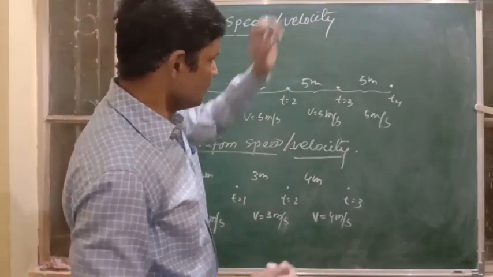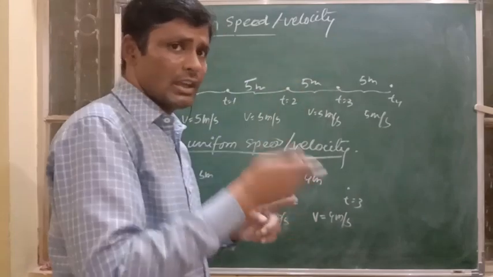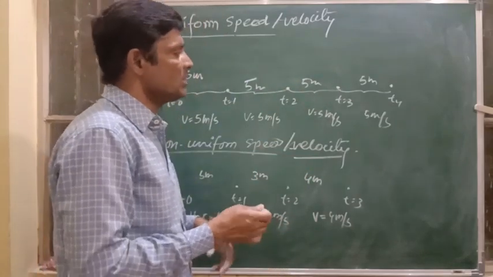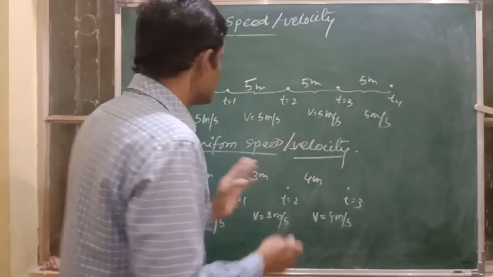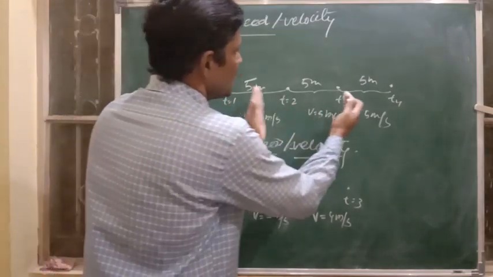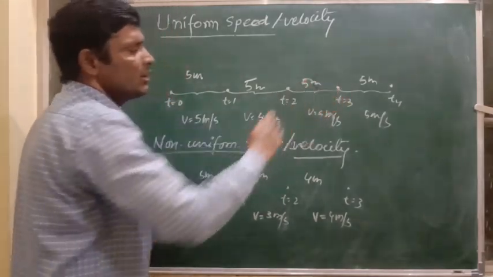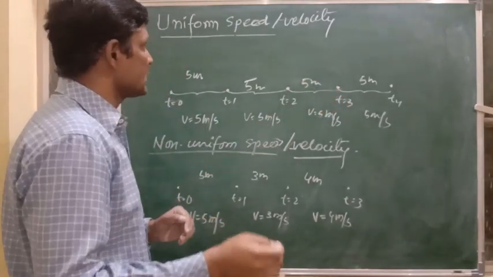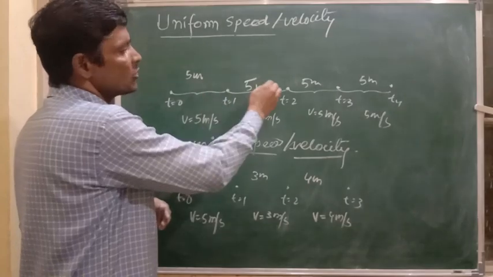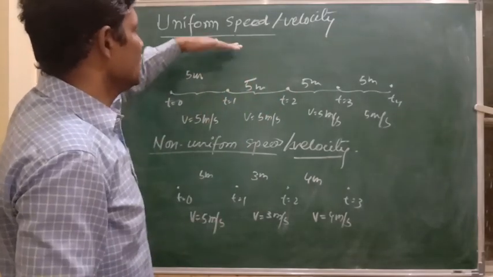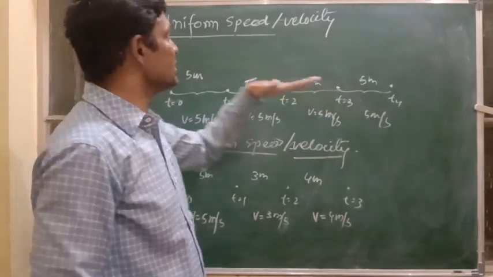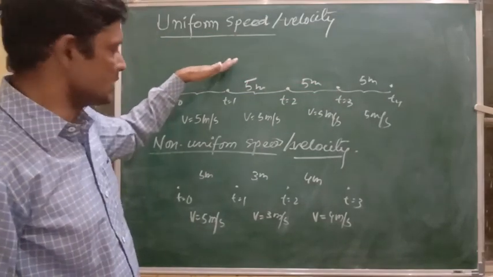Now you can see in the third second again it has traveled 5 meters, so velocity is 5 meter per second. So at every interval, at every instant, the speed or the velocity of the object was 5 meter per second. So this kind of motion is called uniform motion, and the speed the object has taken is called uniform speed or velocity.